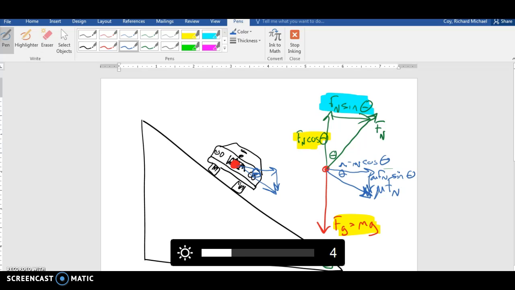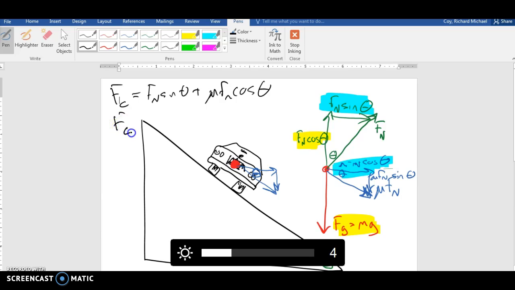So what does it all mean? The forces that matter for centripetal force are right there. Those two are going to add up to be the centripetal force pushing in. So you can say Fc equals Fn sine theta plus mu Fn cosine theta.